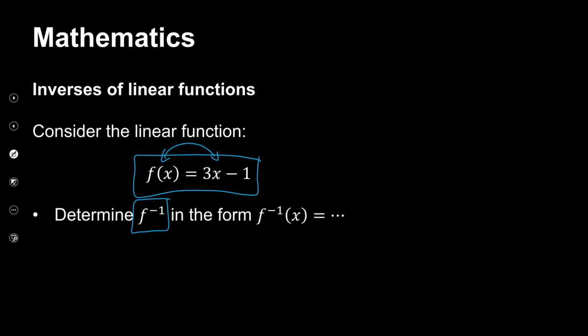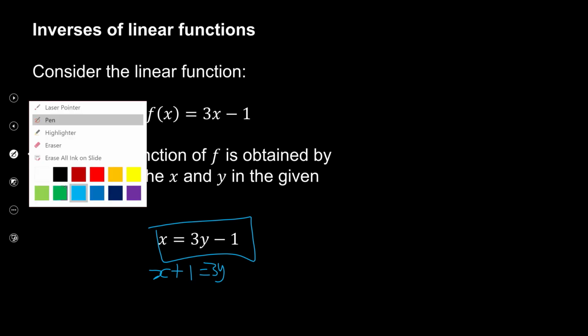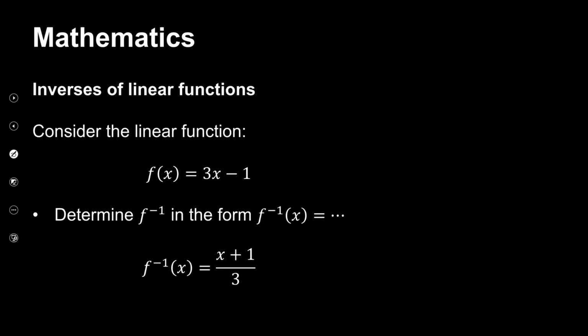So you first interchange them, and then you make y the subject of the formula. This will simply be x plus 1 equal to 3y, and then you divide both sides by 3.